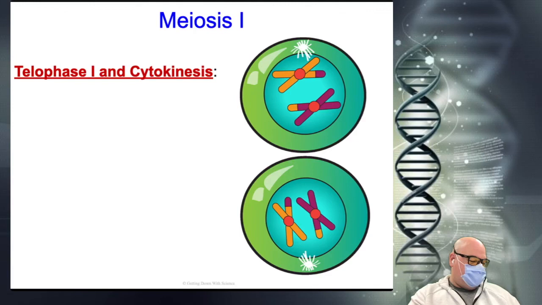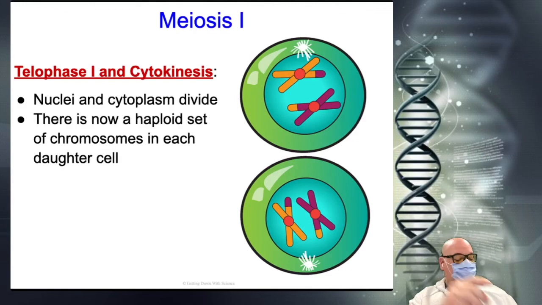Instead of single chromatids, we still have homologous chromosomes that have crossed over. So these cells are like somatic cells, except that their DNA has been shuffled. They're not genetically identical.